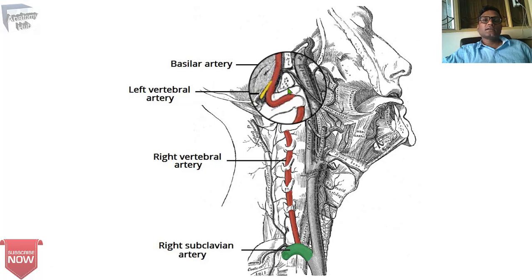And another uniqueness of the atlas and the axis that you will find here is that the atlas and the axis articulate with each other by the superior articular process of the axis and the inferior articular process of the atlas.